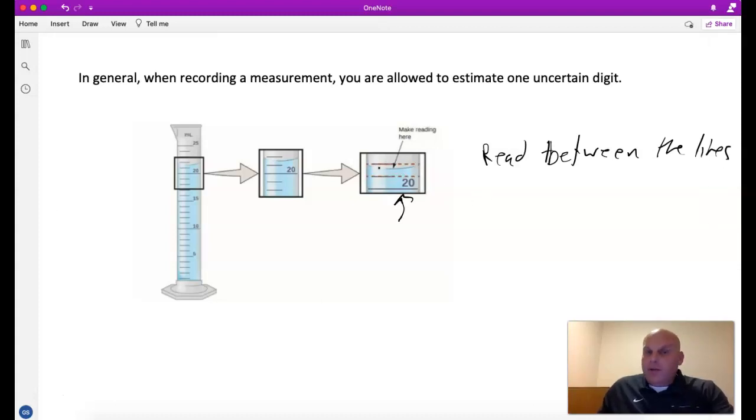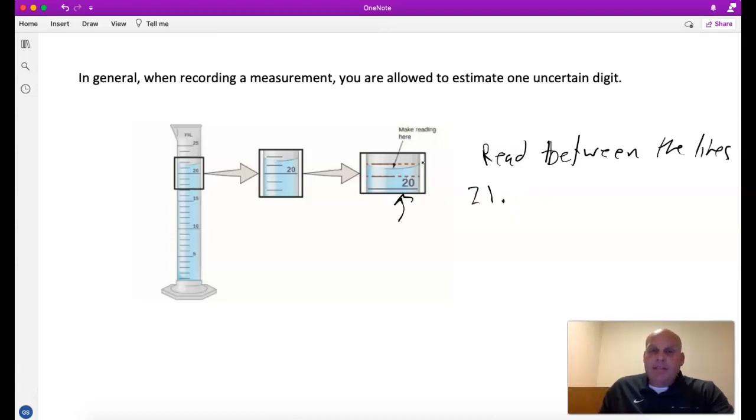So, of course, when I read my meniscus, I want to read the lowest part of the meniscus when making my reading. I know precisely this value to the ones place. It's above 21, but below 22. Now, the rules for significant figures and measurements allow me to estimate further. So, I should be recording this value to the tenths place.